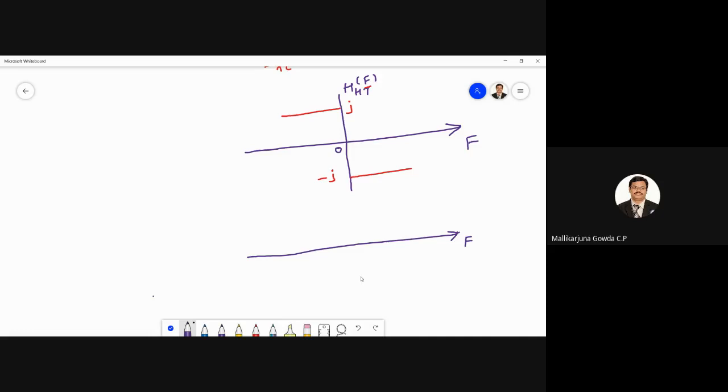Then taking the inverse Fourier transform and representing it in a standard form will become easy. So G cap of f is G of f into HT of f.